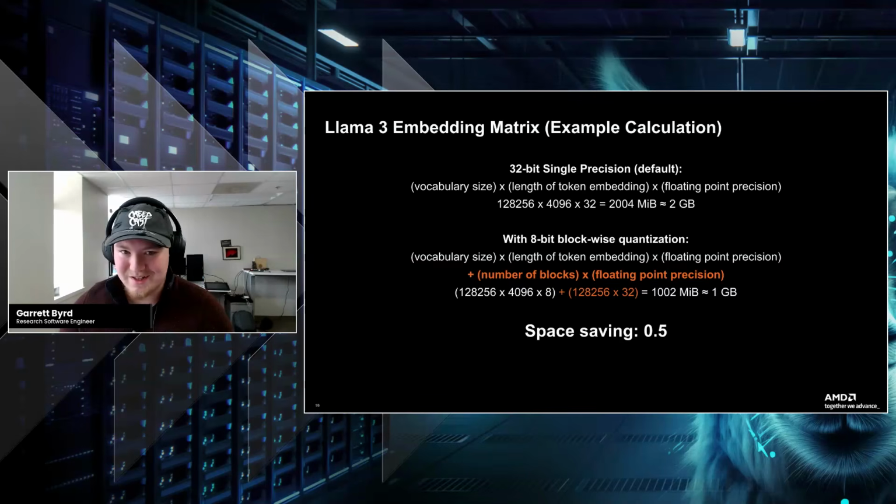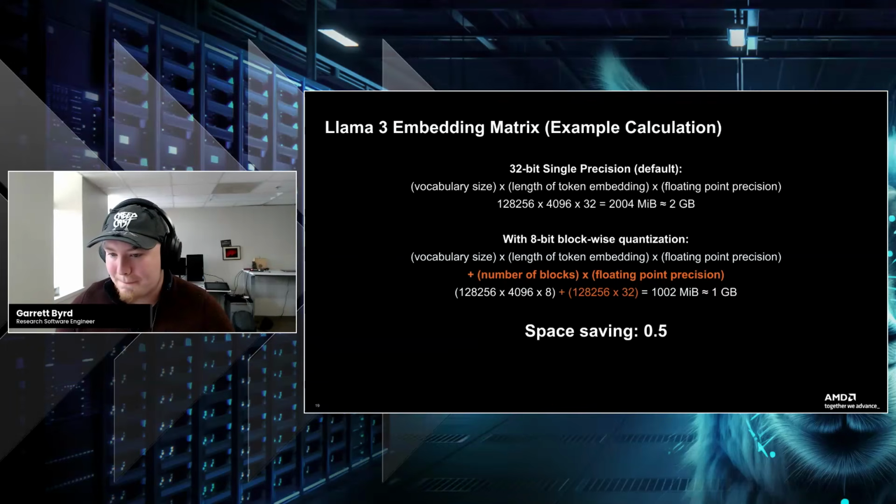I should also mention that the embedding matrix certainly does not tell the whole story in terms of model parameters. There are many other things to consider in a model. A naive calculation, this is just a few million out of, say, an 8 billion parameter model. And a space saving of 0.5, that's not bad, right?